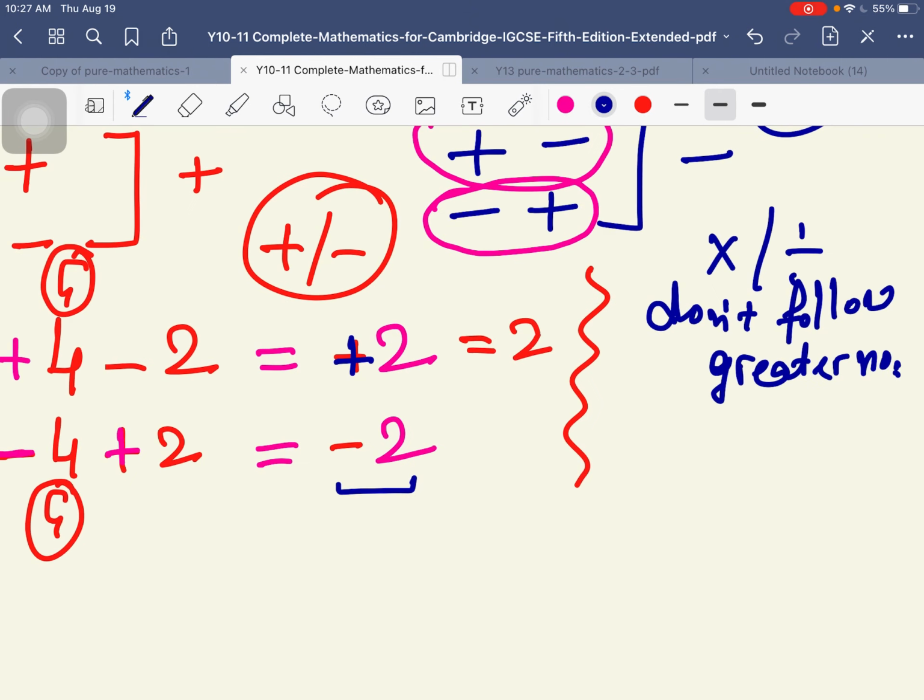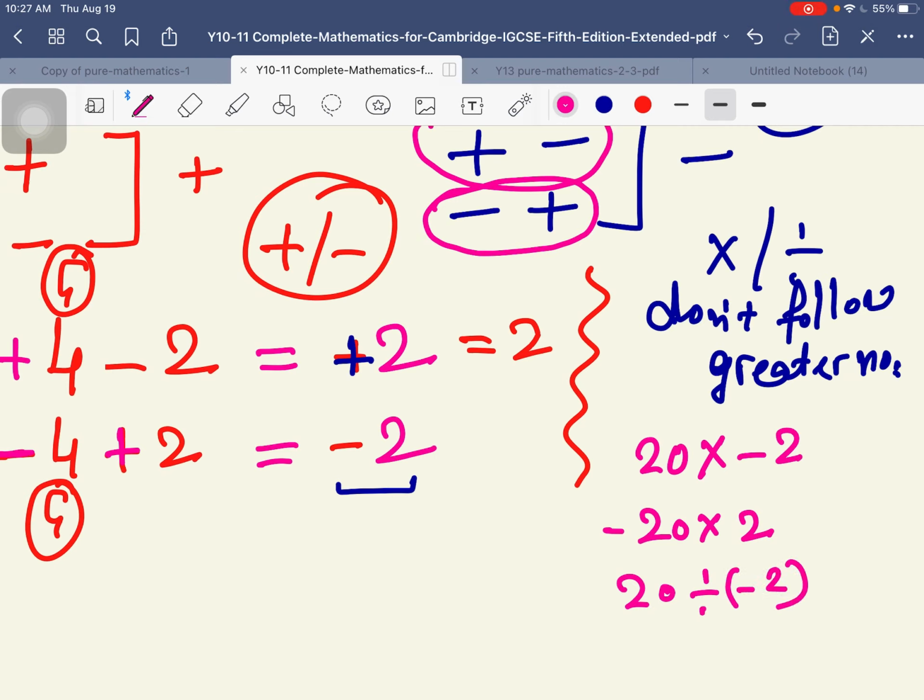It means, for example, if I have 20 times -2, or -20 times 2, or 20 divided by -2, or -20 divided by 2, I will just follow the rule.